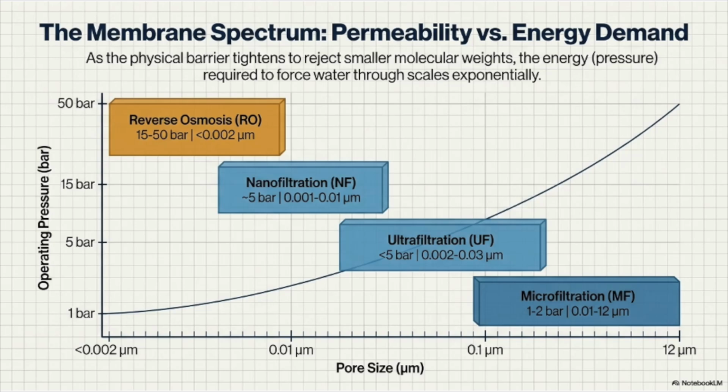Nanofiltration operates at around 5 bar with a pore size of 0.001 to 0.01 micrometers. And reverse osmosis operates at the highest range of 15 to 50 bar with the tightest pore size of less than 0.002 micrometers.